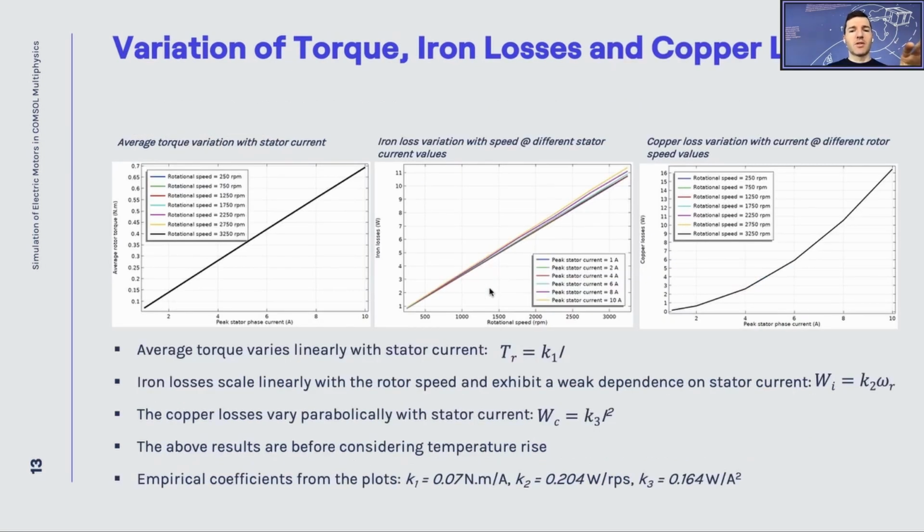And the same goes for the losses. So we can check the dependency of the iron and the copper losses on the rotational speed and on the excitation current, and how the torque behaves and performs under different rotational speeds and under different phase currents. And we can check whether they match the empirical values here.